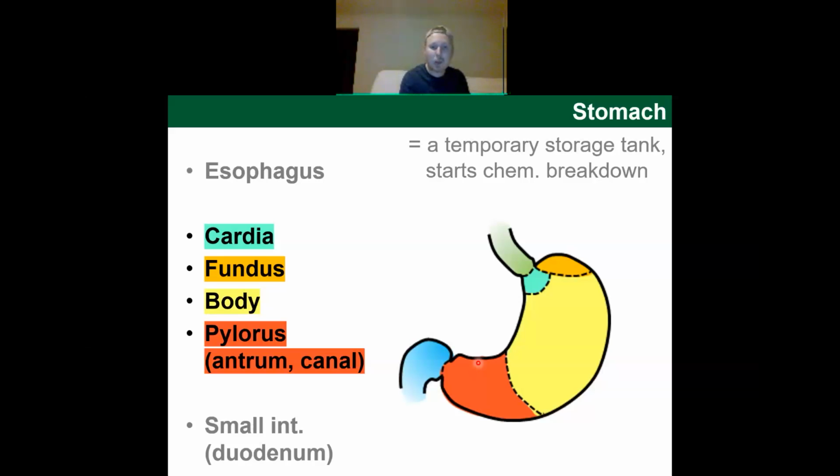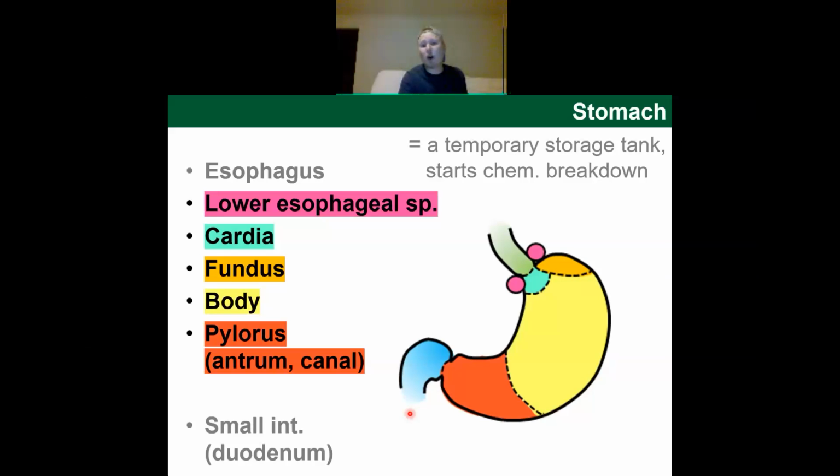And after that, we get to the small intestines. And we'll talk about small intestines a little later. But what we need to know is that we've also got a couple of sphincters that control these openings, so that the openings from the esophagus to stomach and from the stomach to small intestines are not open at all times. Well, first of all, we've got the lower esophageal sphincter.